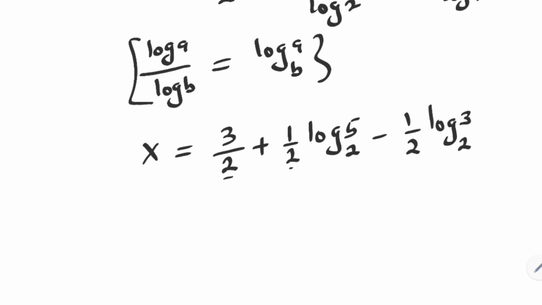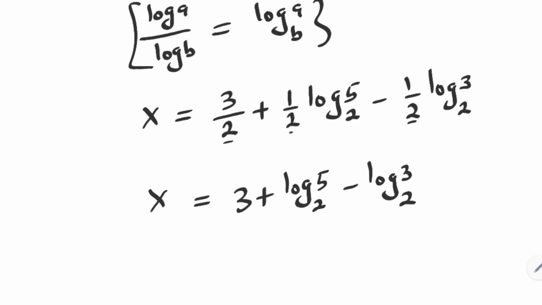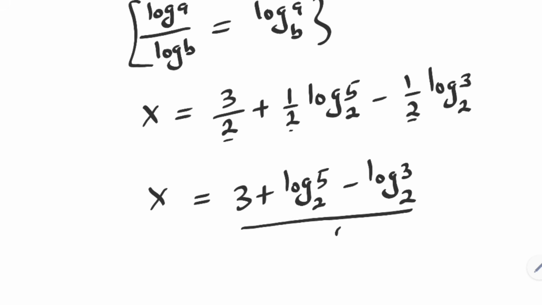Then because of the LCM 2 here, x will be equal to 3 plus log 5 base 2 minus log 3 base 2, all over 2. This is the value of x.